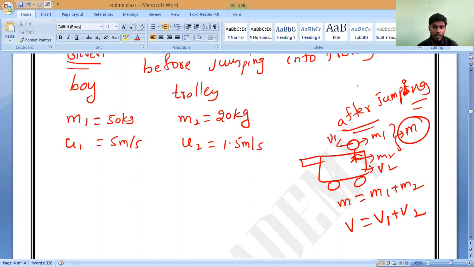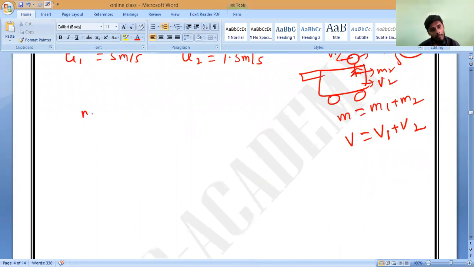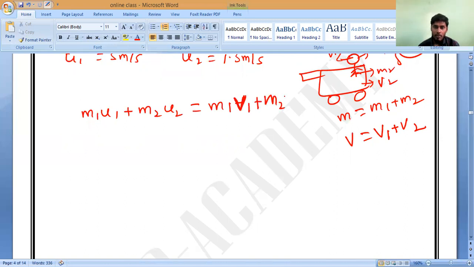Now, what is the law of conservation of momentum formula, please? Momentum before collision is equal to momentum after collision. M1 U1 plus M2 U2 is equal to M1 V1 plus M2 V2.